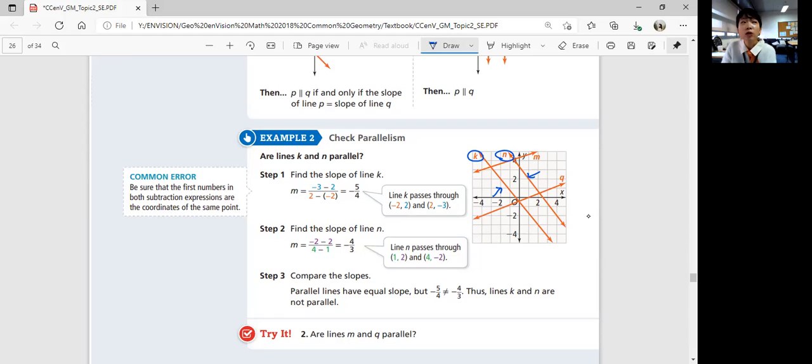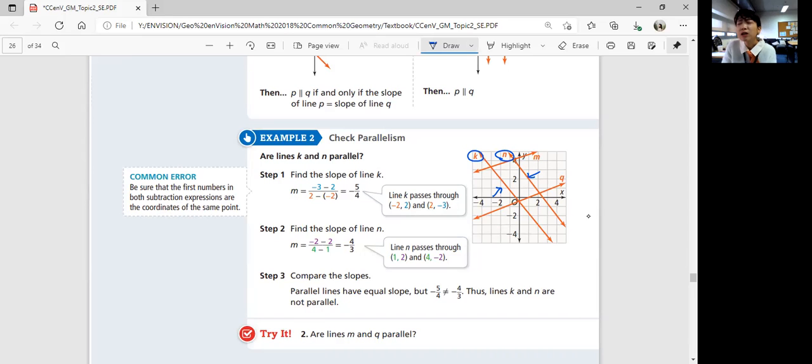There could be numerous lines that look like they're parallel, but their slopes don't exactly equal each other, right? Just like numbers, there are a lot of numbers that are very close to each other, but are they really equal?